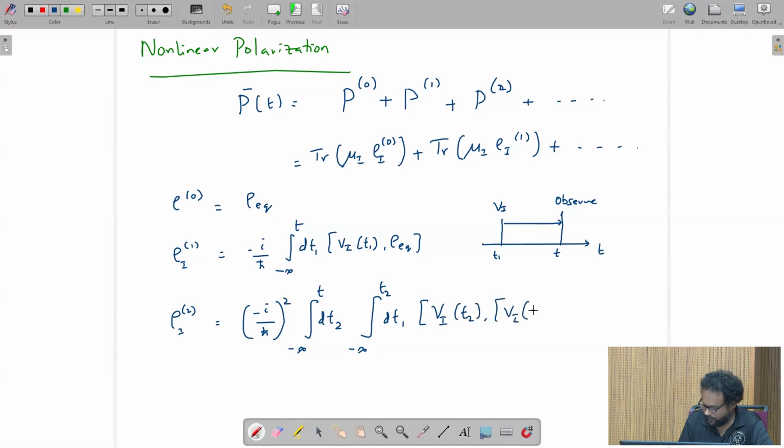What we are doing here: E1 comes with an interaction and let the system evolve for some time, and then come with another interaction, let it evolve for some time, and at time t observe.